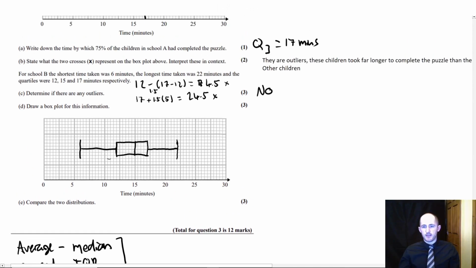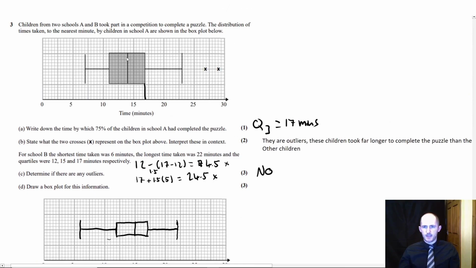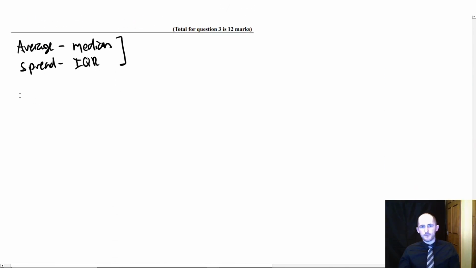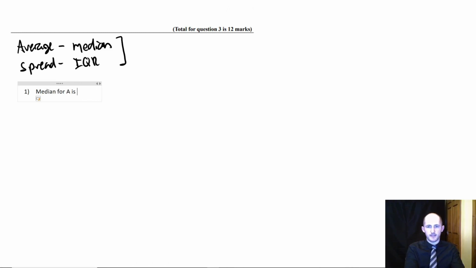So in this case, the median's 15. In this case, the median is 14. So for the first bullet point, and this will be for the first set of marks, is that the median for A is 14 and for B is 15.